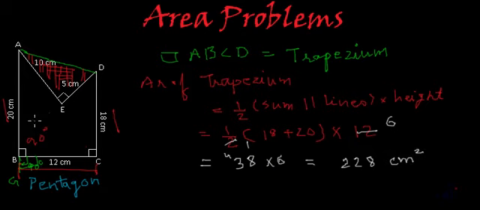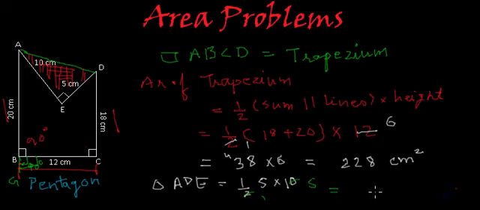right? And now we have to find the area of this triangle AED. Why? Because that was not the part of our original figure. So if we talk about the area of triangle ADE, it will be half, base is 5, multiplied by height, which is 10, 2 ones are 2, 2 5s are 10. So area of the triangle which has to be removed from this trapezium will be 5 5s are 25 centimeter square, right?